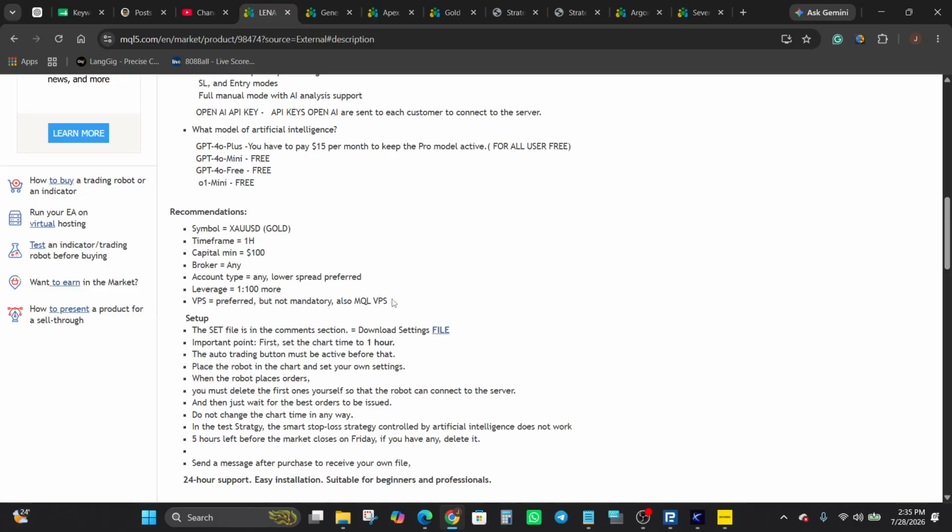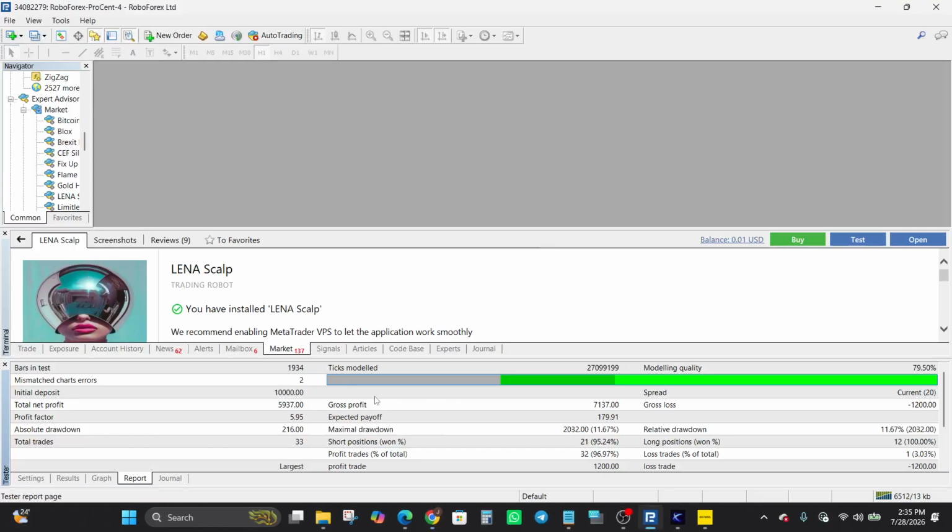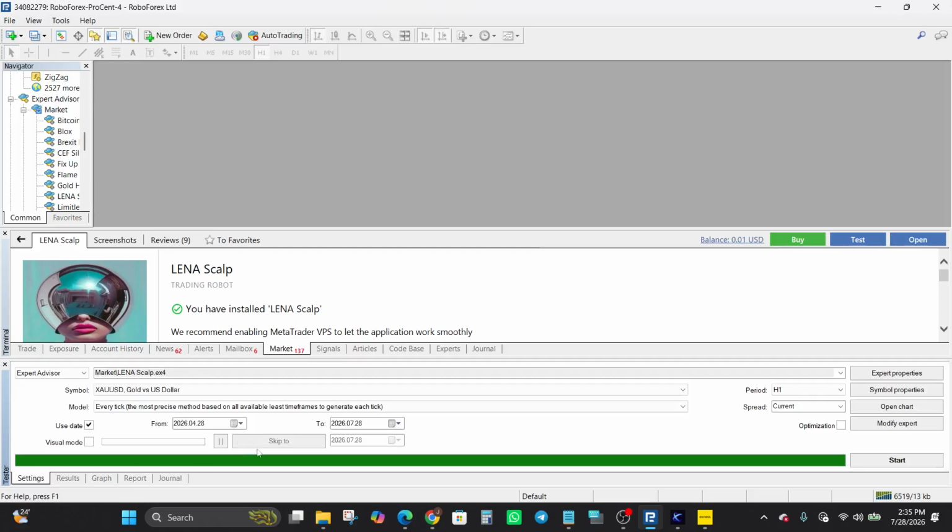Okay, so now let us just quickly step over to the MT4 strategy tester to analyze our historical backtest report. So this backtest was conducted on XAUUSD on the H1 time frame using the every tick modeling over a period from late April 2026 to late July 2026.